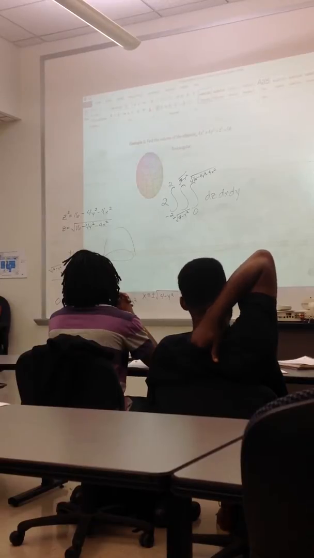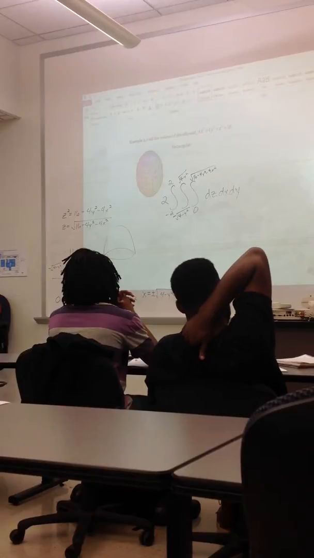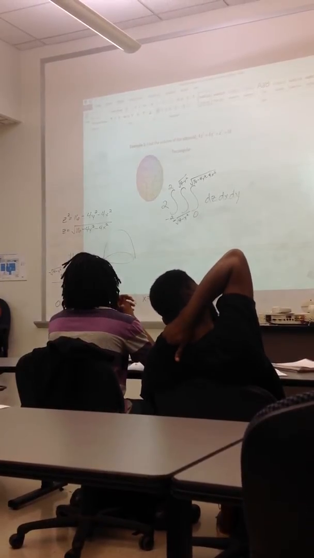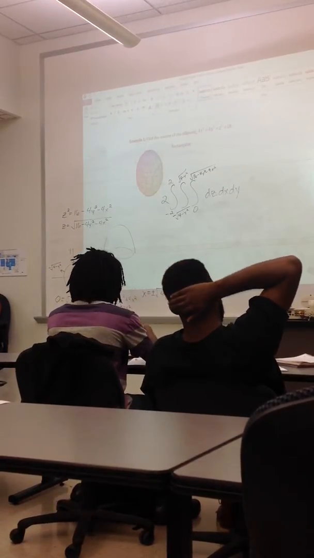So it would not be a pretty one to work out, I think. But anyway, that is how you'd set it up, and we can type it in Mathematica like that.